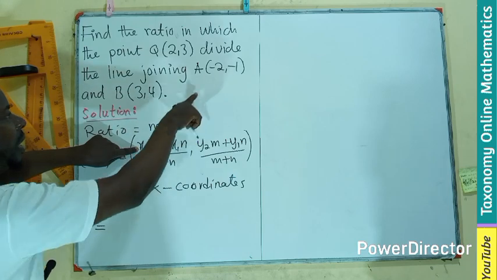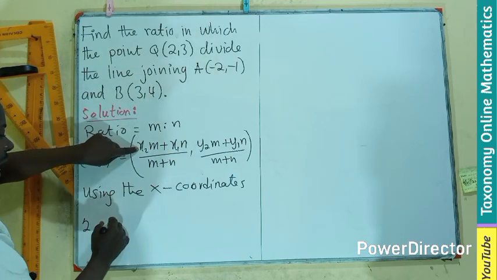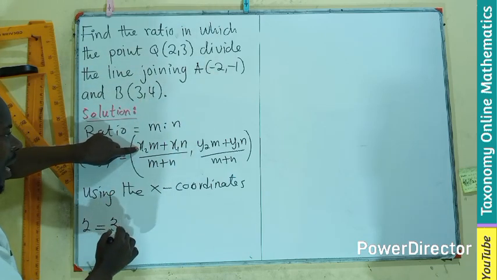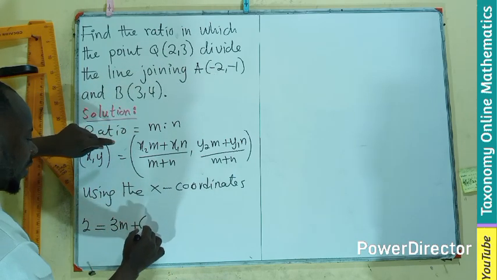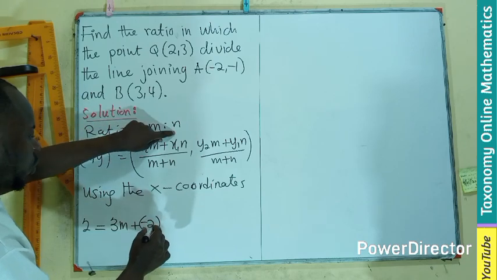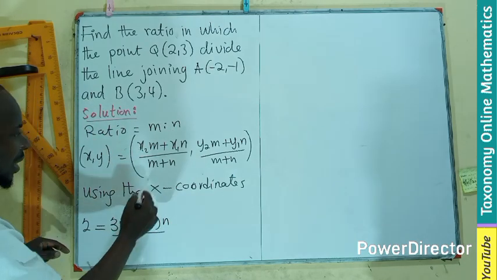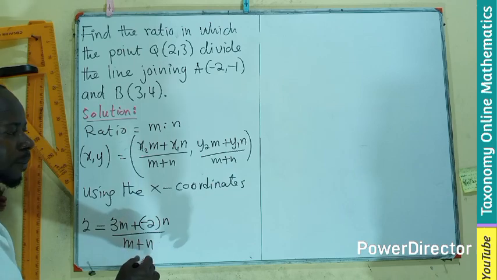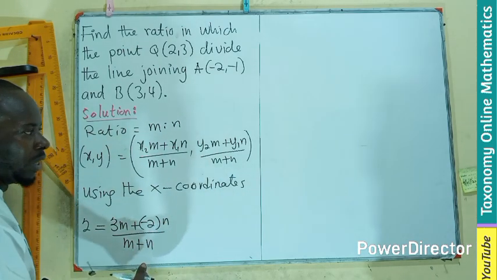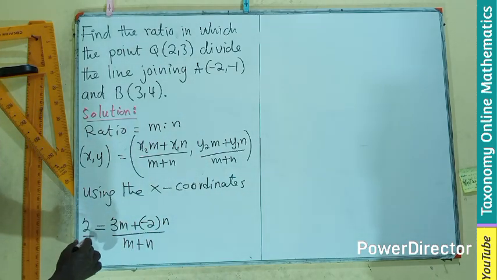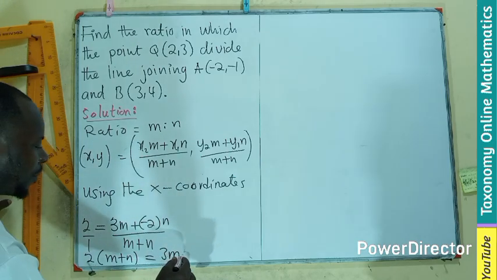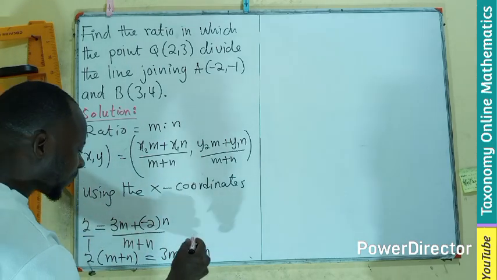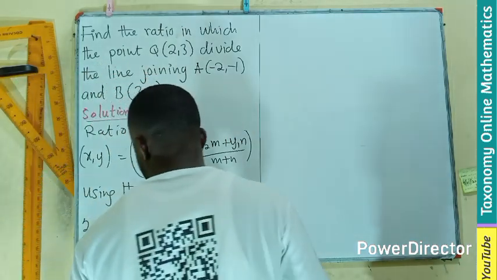So x2 is 3, multiplying the ratio m, plus x1 is -2, multiplying the ratio n, divided by the ratio m plus n. I can do the same for the y component also, but let's focus on this. When you cross multiply, we should be having 2 into bracket m plus n equals 3m, in this case -2n.